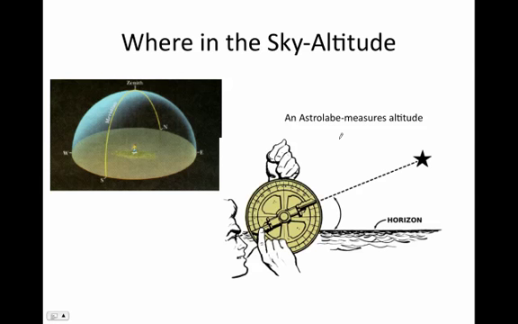So what can we do? Well, the second device we use to measure how far up from the horizon, we know how far along the horizon, but we don't know how far up. Well, we came up with an idea, and it is called an astrolabe.